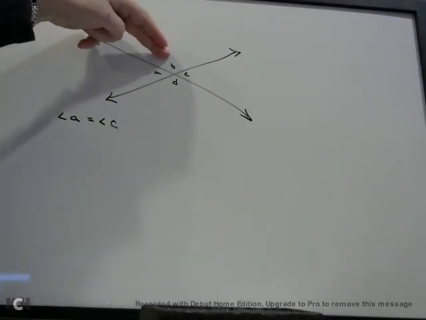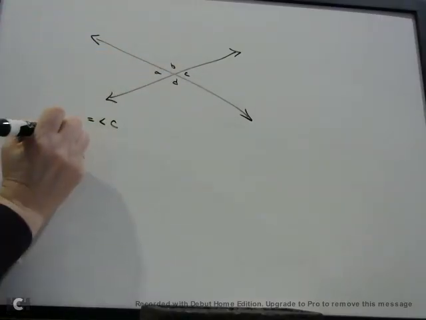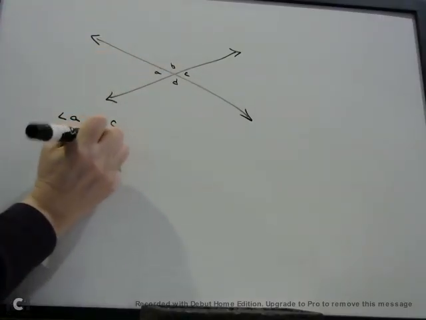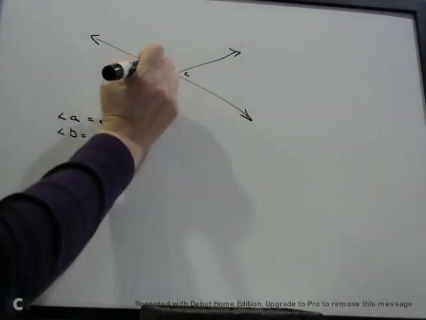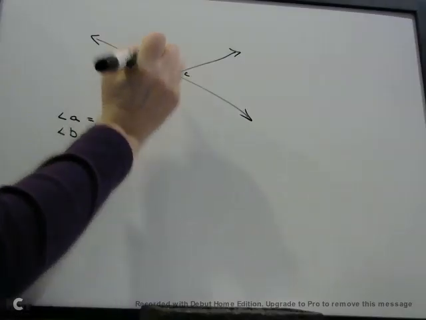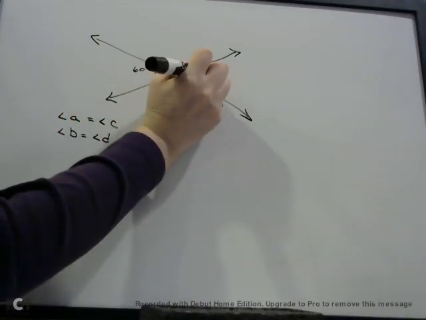Similarly, angle B, the opposite angle, is D, so angle B and angle D equal each other. This is an important concept to know.